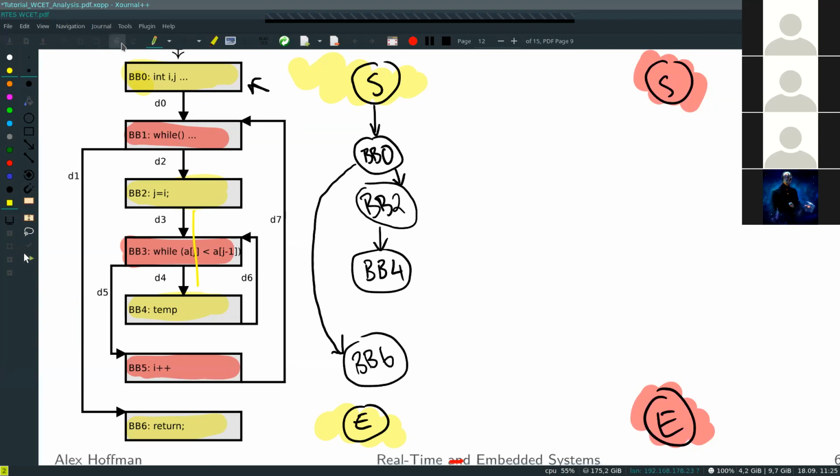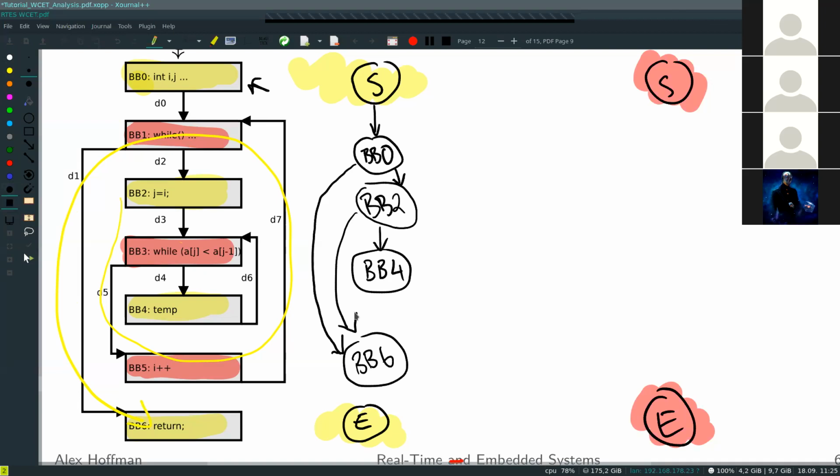Very good. So if BB2 was to go down to BB3, the while loop was not valid, we'd go to BB5, then we'd go up to BB1. If it was not valid, we'd then go down to BB6. So we do this big loop. But this gives us a transition of this. So this is the next transition on our graph.